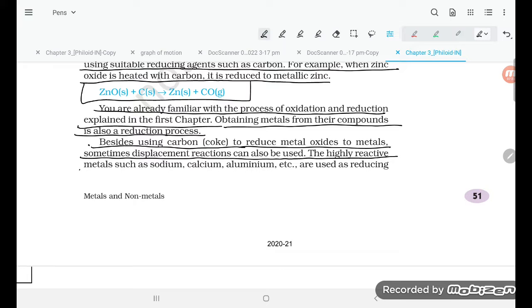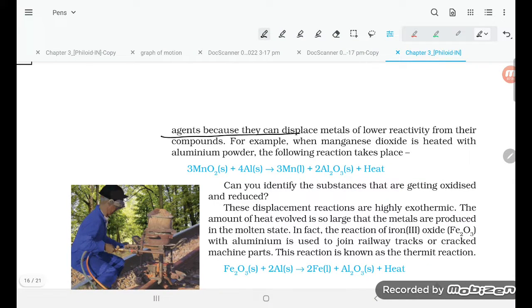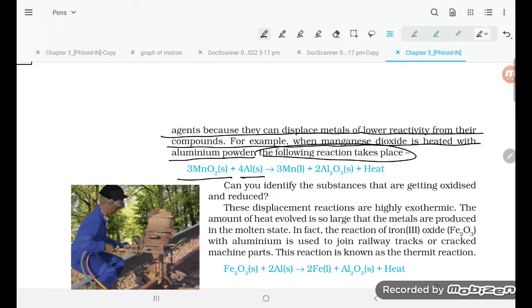Highly reactive metals such as sodium, calcium, aluminum, etc. are used as reducing agents because they can displace metals of low reactivity from their compounds. For example, when manganese dioxide is heated with aluminum powder, the following reaction takes place: 3MnO2 plus 4Al gives 3Mn plus 2Al2O3 plus heat.